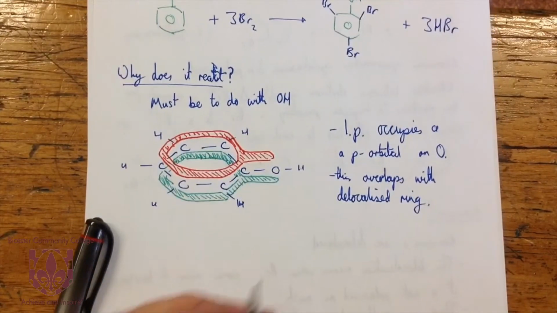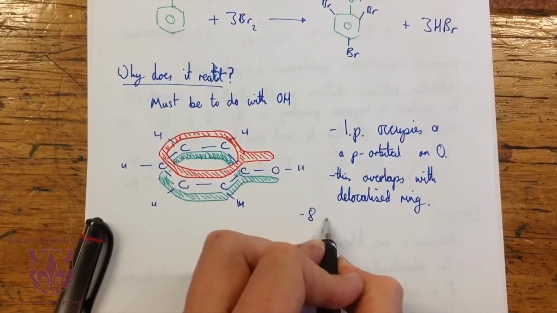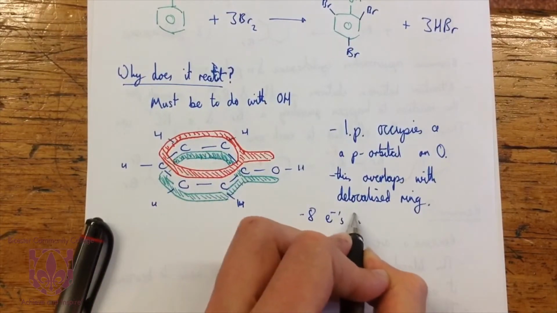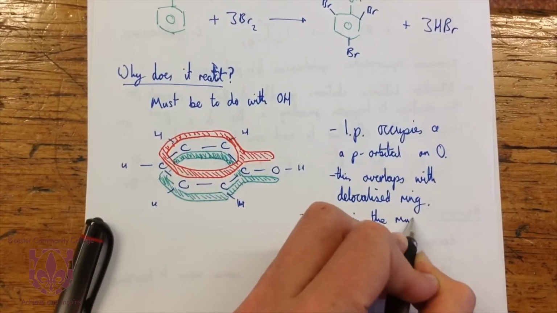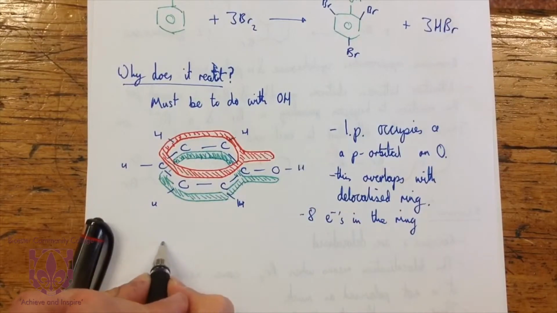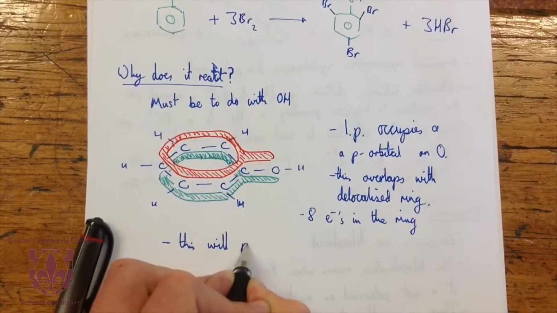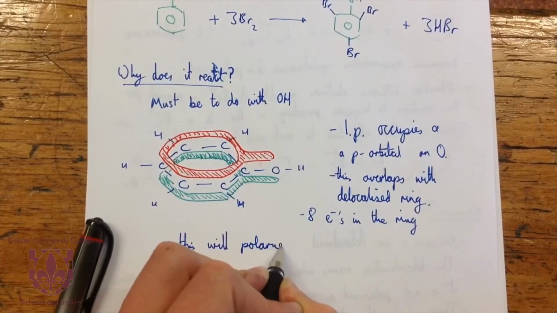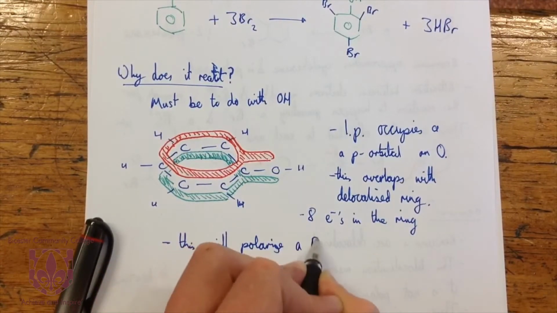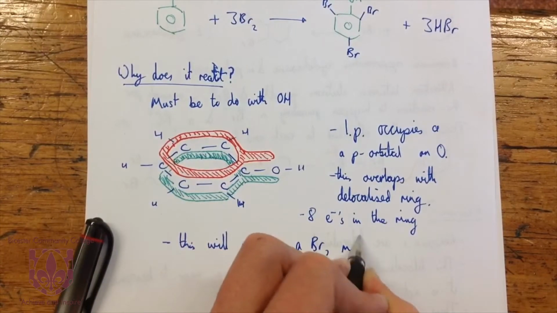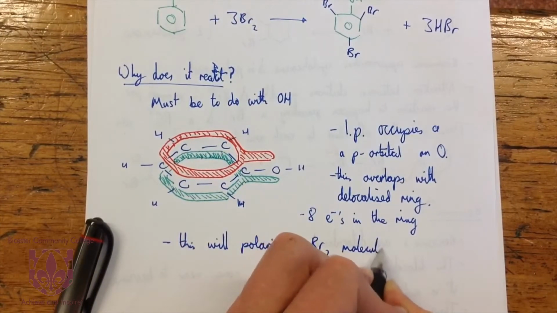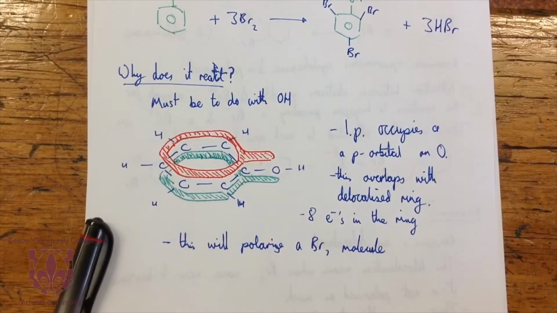Okay, so we said there are now 8 electrons in the ring, and what that means is this will polarize a Br2 molecule more, essentially.